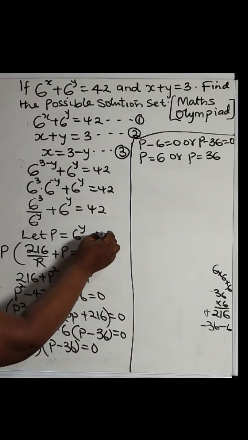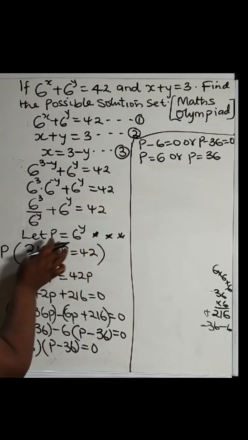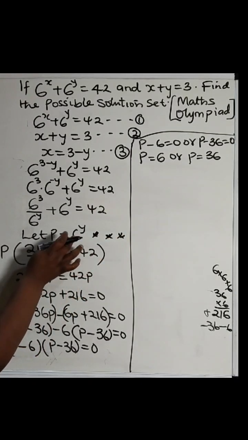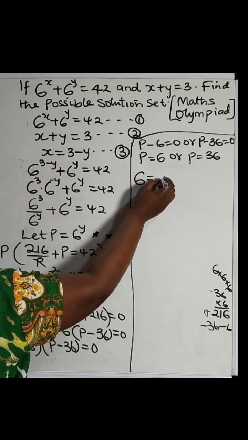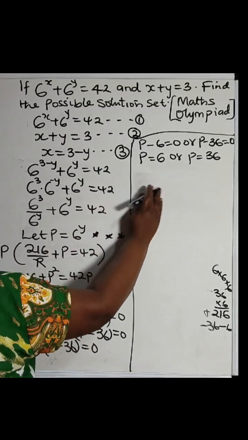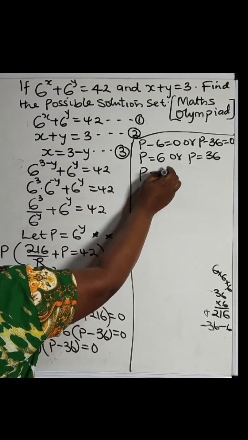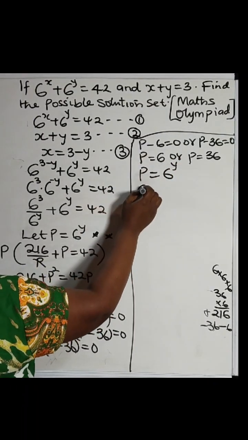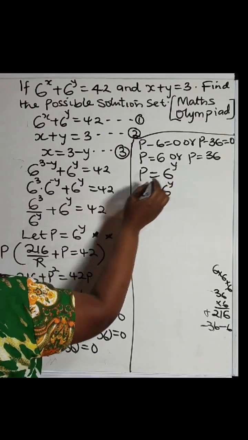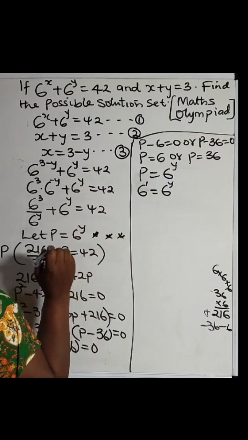Now, having gotten the value of p, we are going to substitute it at this place, where we say let p be equal to 6 raised to power y. Now, when p is 6, we have 6 is equal to 6 raised to power y. Remember that 6 is the same thing as 6 raised to power 1.